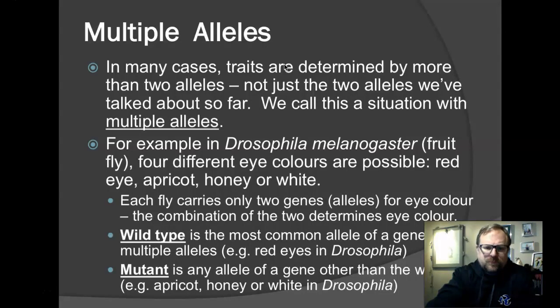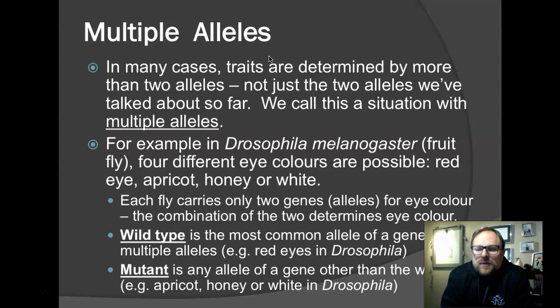What we're going to do now is add in some other forms of inheritance that make things a little bit trickier, but really not too difficult to work with once you've got a grasp on what you're looking at. The first pattern of inheritance that's different from monohybrids is what we call a multiple allele situation. Instead of one trait having 2 possibilities, let's use our pea plants for example.